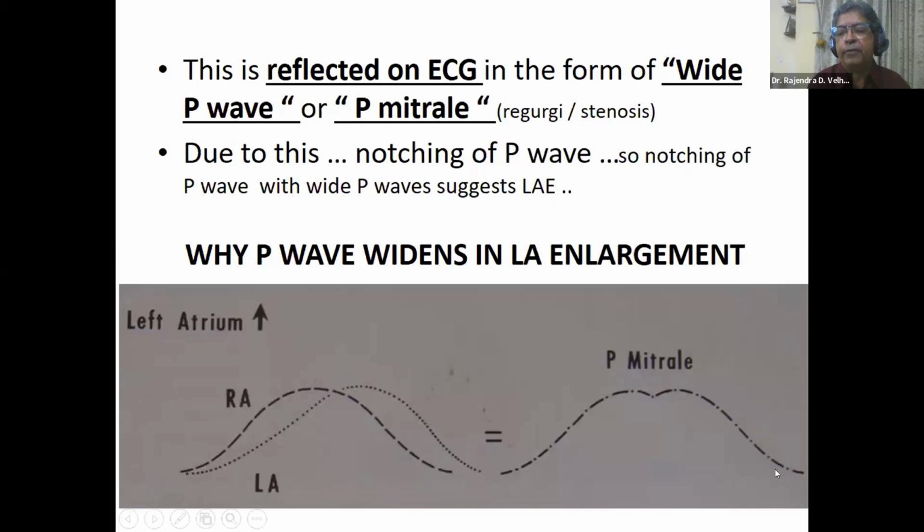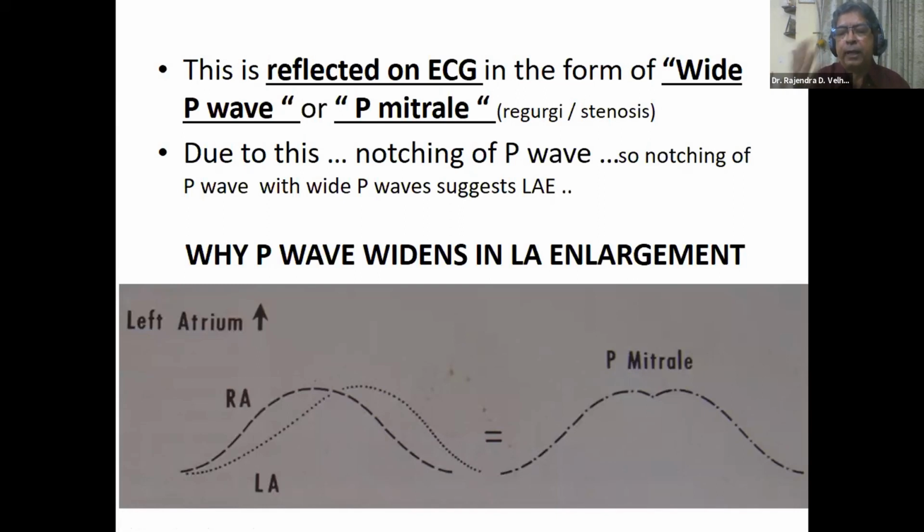So when the P waves are wider than 0.04 seconds or more than 2 blocks, we say there is a left atrial enlargement. At the same time, you can see when the P waves widen, there will be notching of the P waves. So notching of the P waves, and when the P waves are wide, we say there is a left atrial enlargement. It is also designated as P mitral.